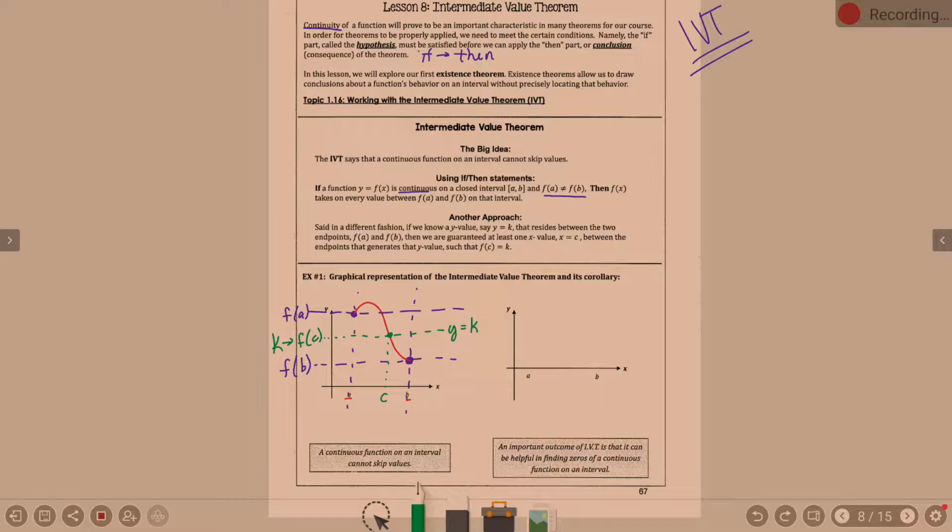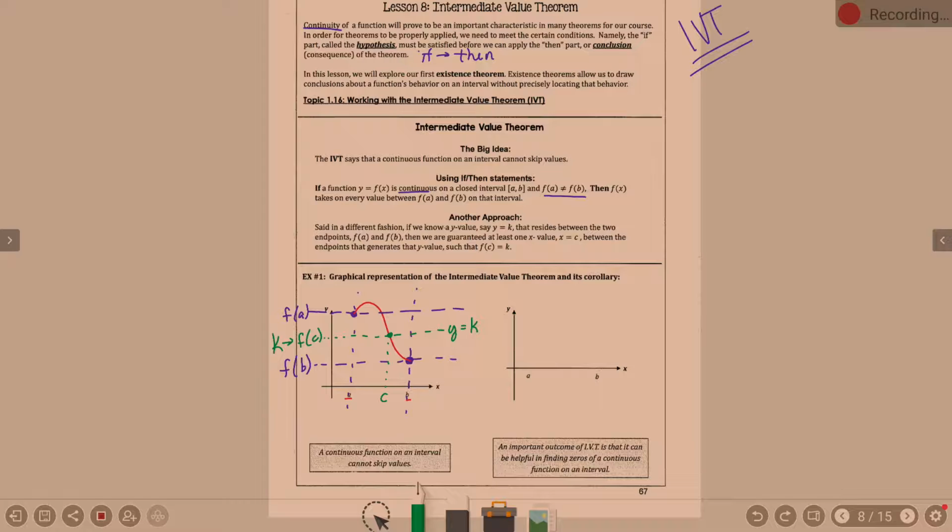Okay, so if we go back to using if-then statements, if my function is continuous, which was red, on the interval from A to B, do f of A and f of B equal each other? Are my endpoints the same? No, I've got a higher endpoint and a lower endpoint, right? So those aren't equal. Then f of x, so the y values, take on every value between f of A and f of B on that interval.